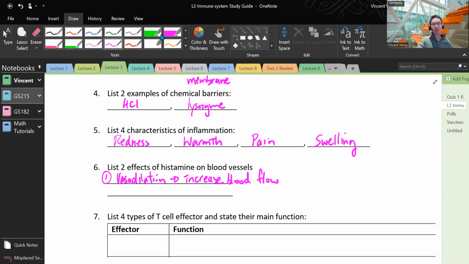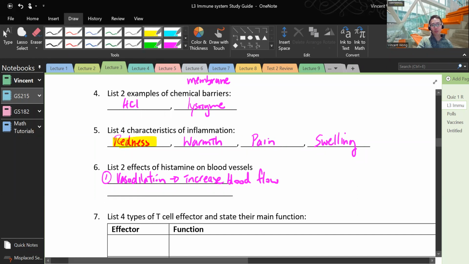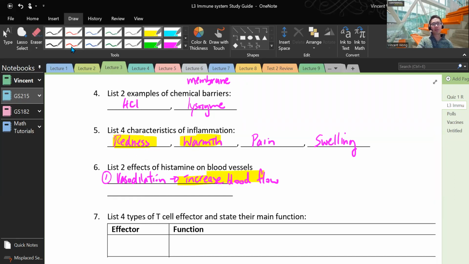By increasing the blood flow, it's going to result in redness and warmth. Blood is warm, obviously, and it's red. It's like when you're embarrassed, your face flushes, right? That's the blood going to your face. So similarly, when the blood goes to where you have a cut, that's going to give you the redness.